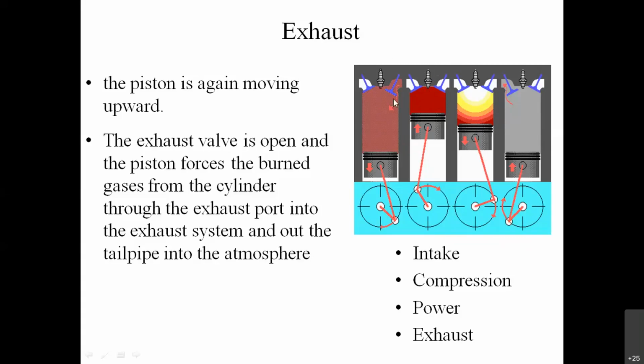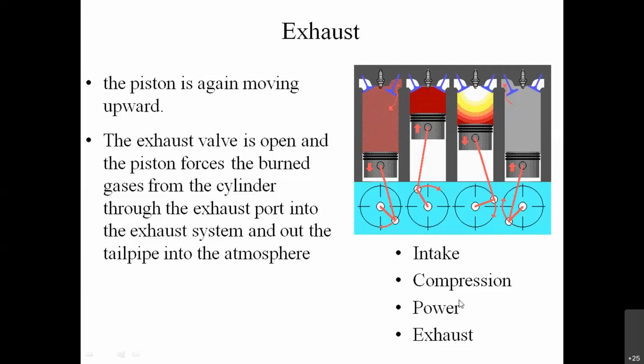Whereas in case of CI, only air is taken in and compressed, and at the end of the compression stroke we add the fuel, which is responsible for the combustion process taking place in the power stroke.